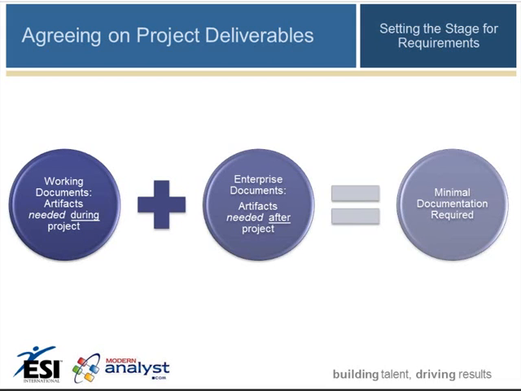These can be architectural documents and others. So we are going to need these as reference documents in the future. So the sum of these two represent the minimal documentation required. So the question is often asked, how much documentation is required in Agile? And the answer typically comes back as the absolute minimum needed to successfully deliver the project.